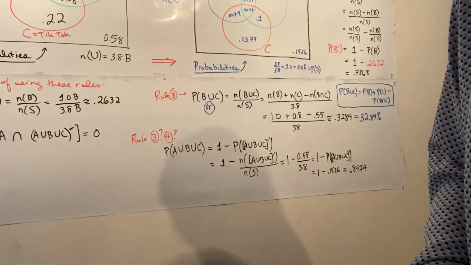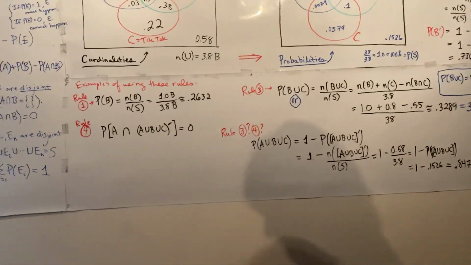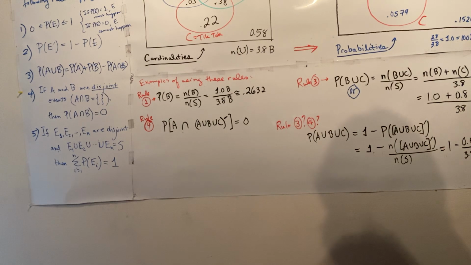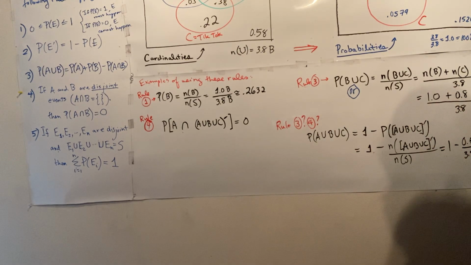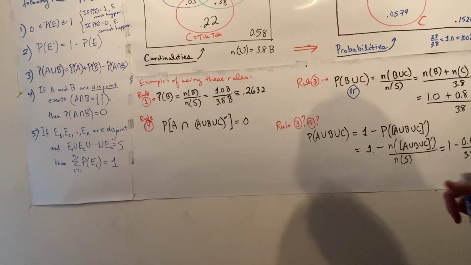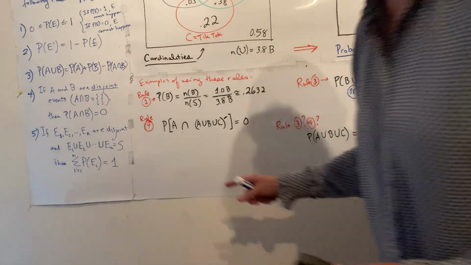Let's look at another set of these rules and examples of using them. Rule number 4, right here.